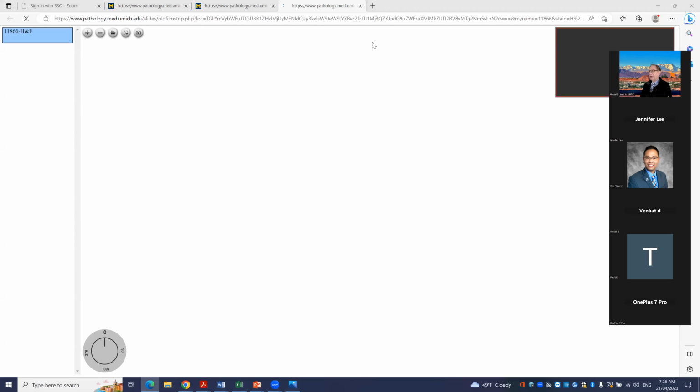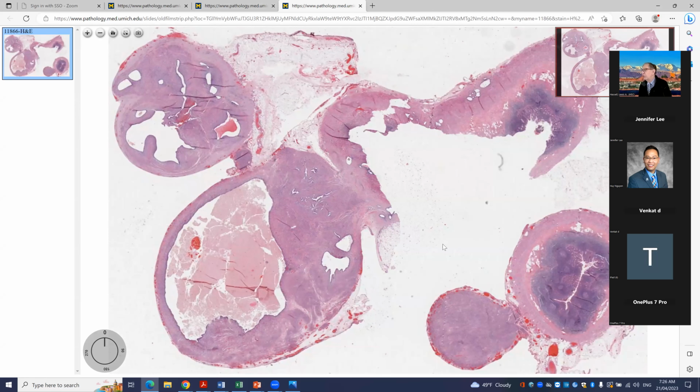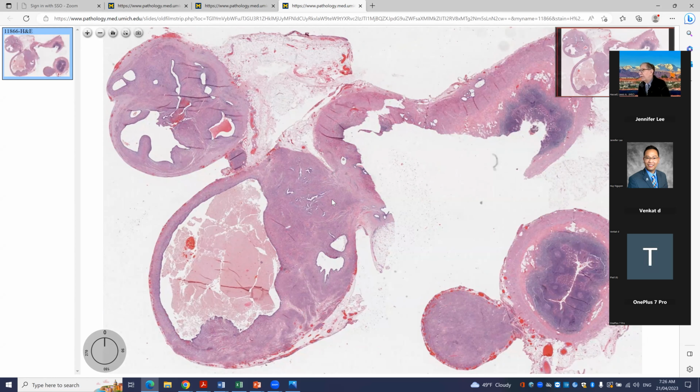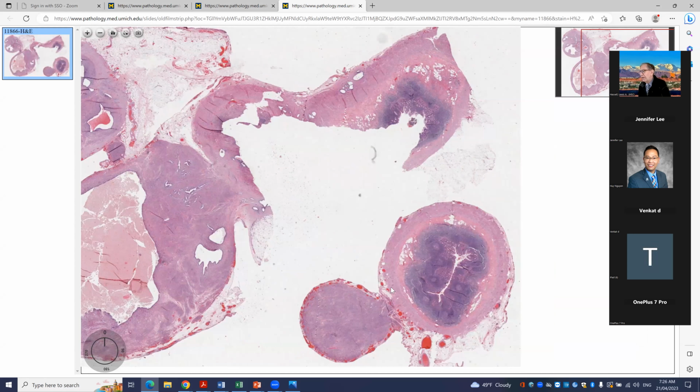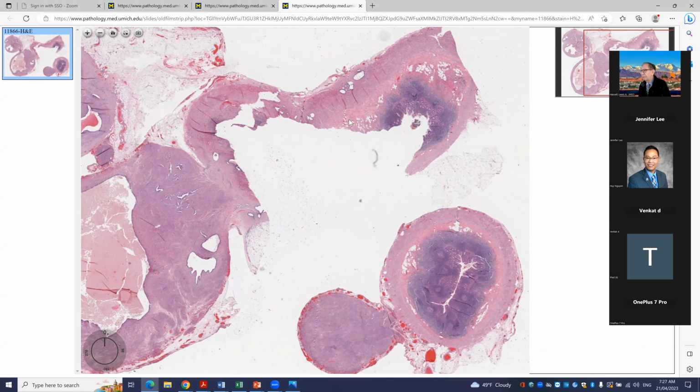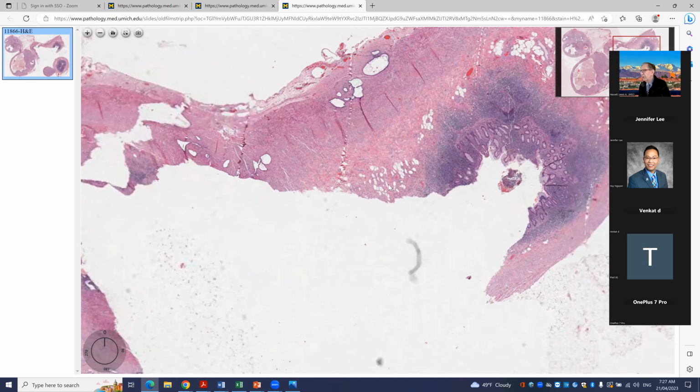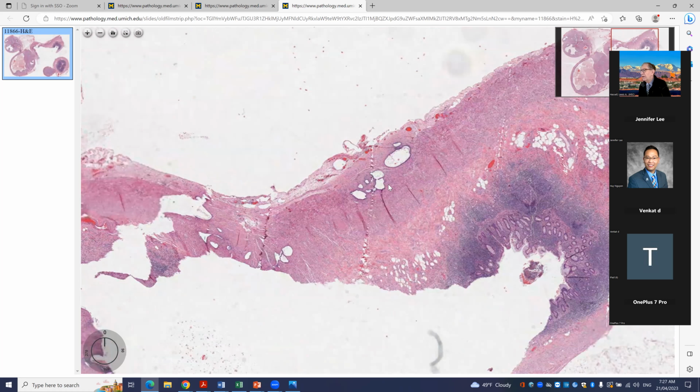So this is another sort of unusual specimen. Here we have obviously appendiceal tissue, and then we have this bulge out here of sort of pinkish blue stroma, and up here we have another lumen, and the wall here shows some glandular inclusions.